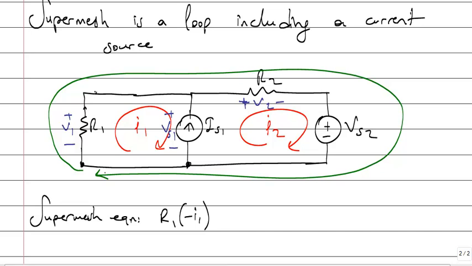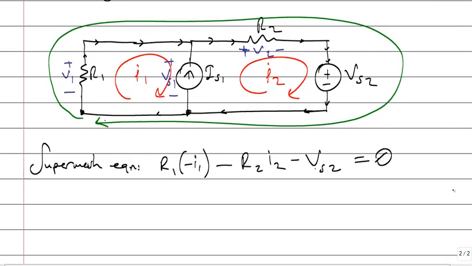I continue like that, but not on the current source. I have included the current source. Plus V2, minus. There is a voltage drop of V2, minus V2. What's V2? R2 times I2. Continue. There is a voltage drop again, V source 2. Okay, I have returned to the same point. 0.